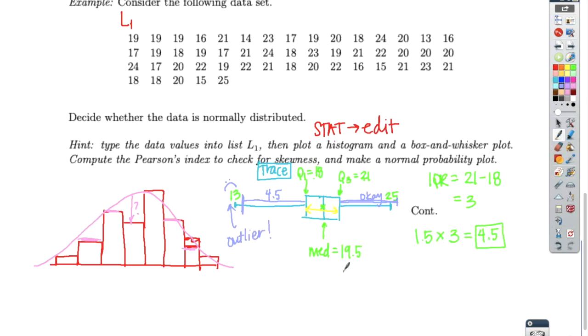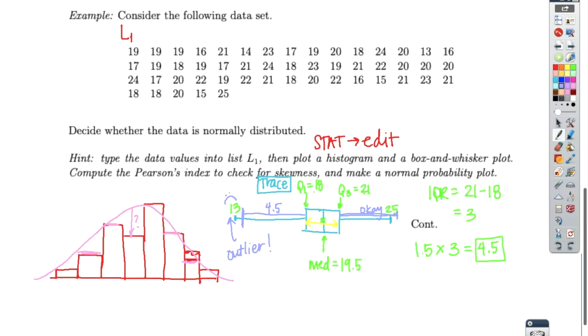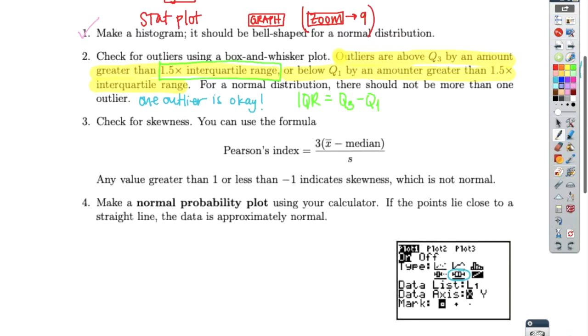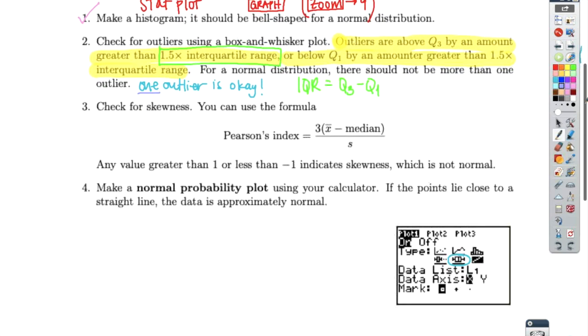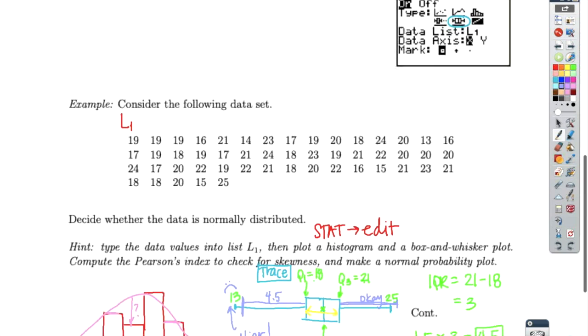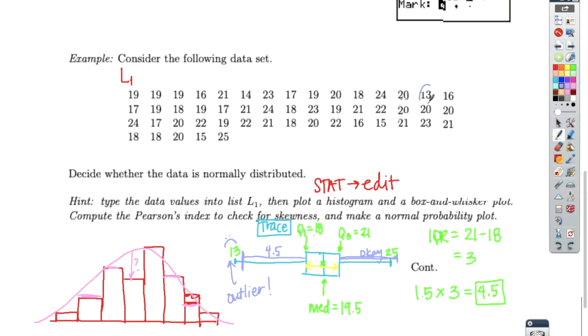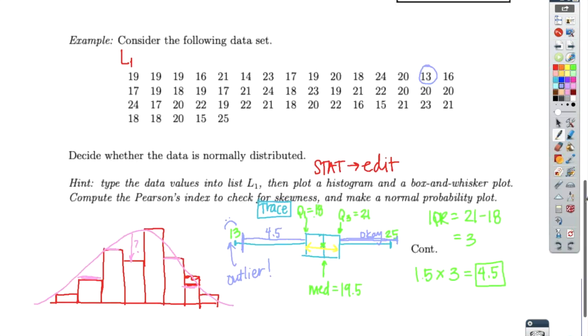So there's an outlier. Now remember, on test number 2, we said one outlier is okay. So it's okay that there is the 13, but the next thing we need to check is whether in our data set there is more than one 13, or just this one outlier.